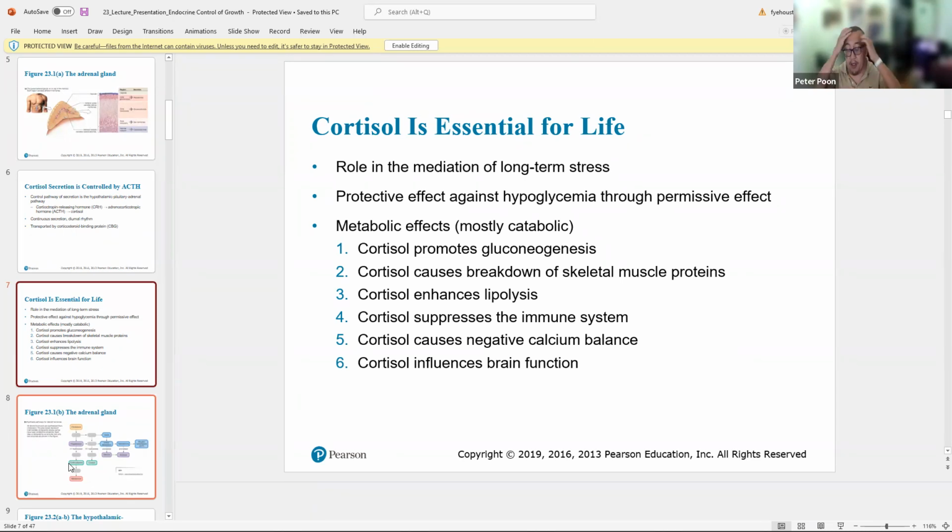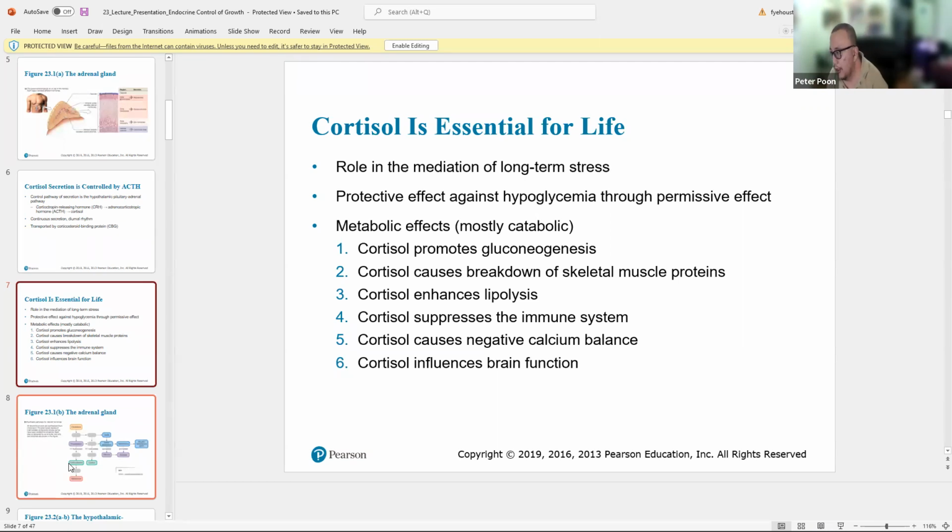It also influences brain function. Think about it this way: long-term stress is what we go through if you broke a bone in your body. That's what causes long-term stress. You basically want more energy shunted toward repair.